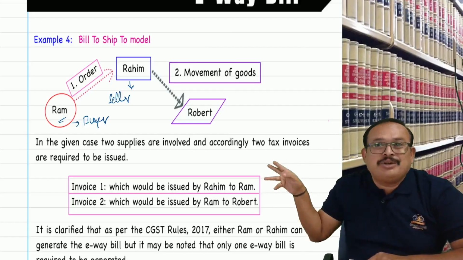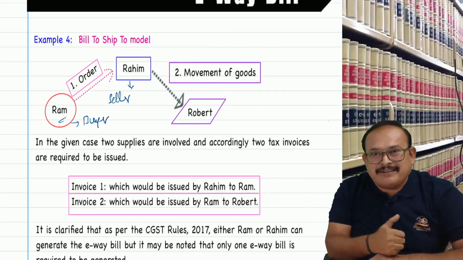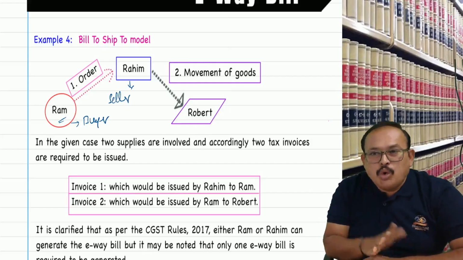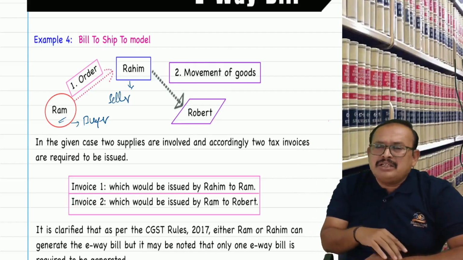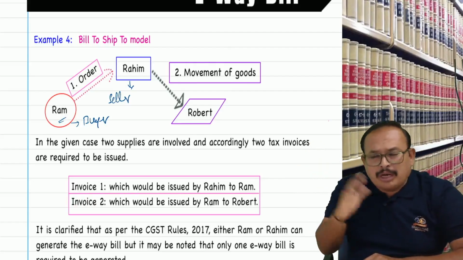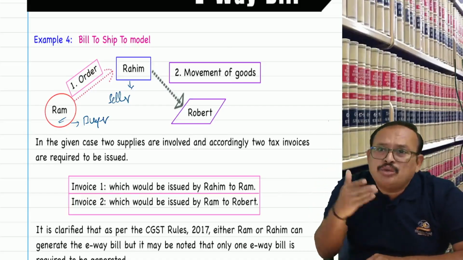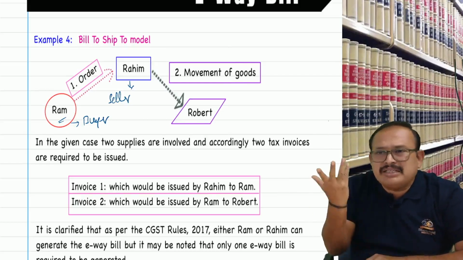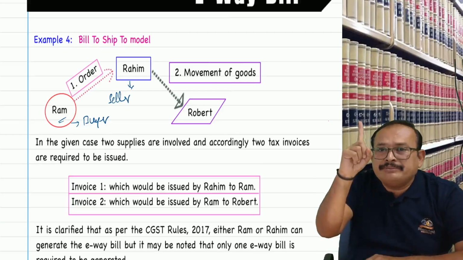For one transaction there are two invoices generated, so one e-waybill is sufficient. Who can generate? Ram can generate, being a seller to Robert, or Rahim can generate, being a seller to Ram. Anyone can generate the e-waybill, but only one e-waybill.